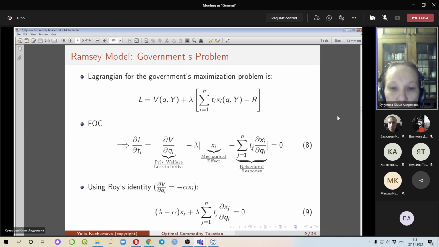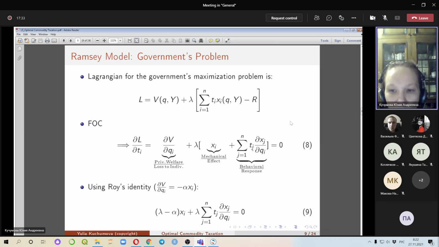As I mentioned, there is no difference between maximizing with respect to Q or T, it's mathematically the same. Plus lambda multiplied by the two terms in the bracket: xi plus the sum over g from 1 to n of tg multiplied by the derivative of xg with respect to qi. And this all should be equal to 0.